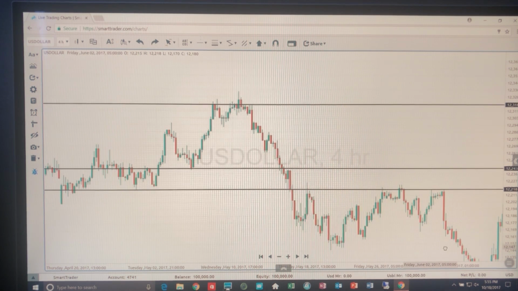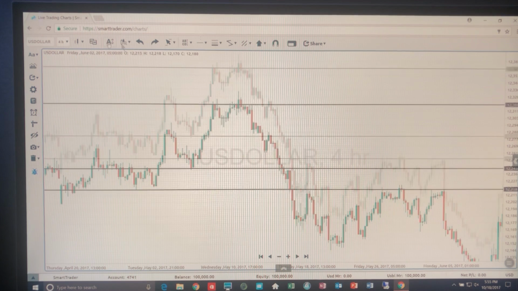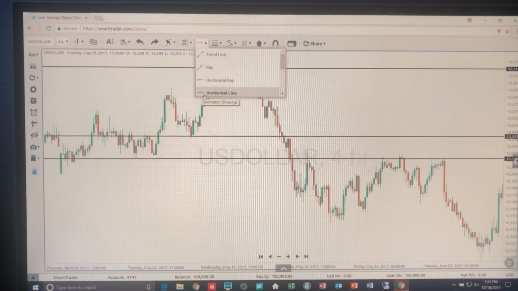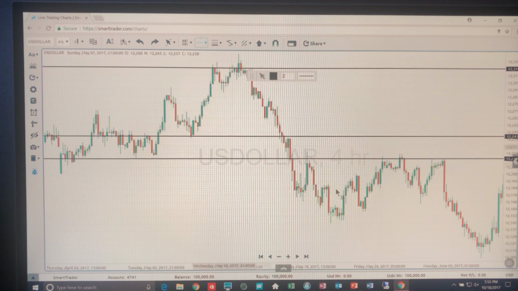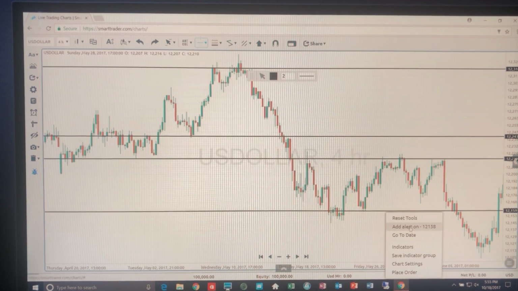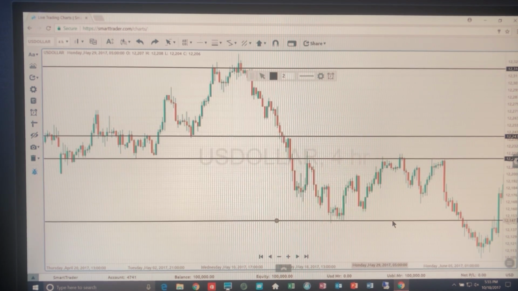Now, as it comes down, making a lower low and lower high, what ends up happening is we now have past levels of support right in here to become future resistance. Now, you can see that in this past level of support to become future resistance, and I even could move this down just a little bit more like that, you can see it bounced right here.